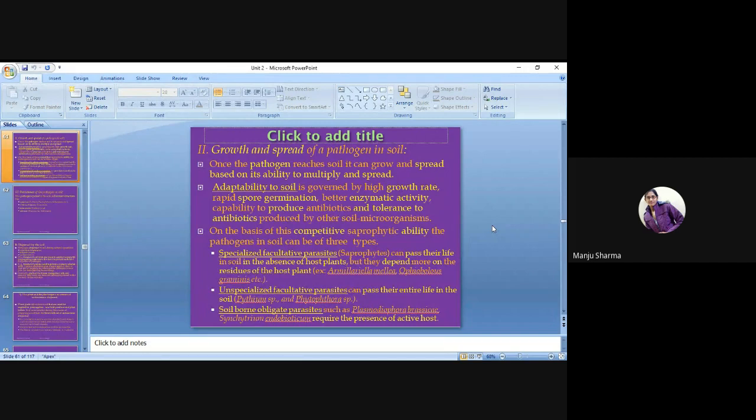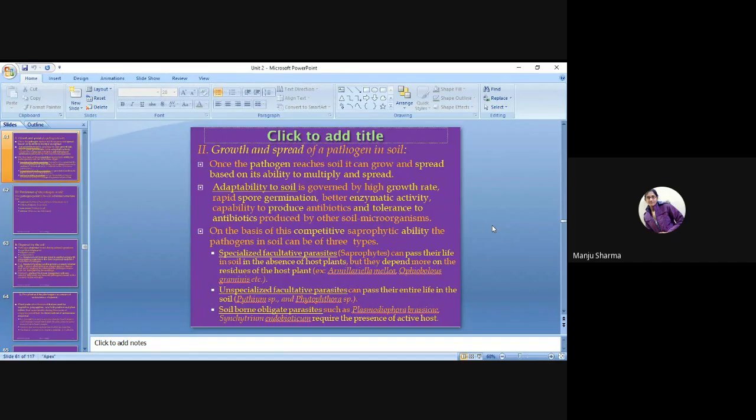So let's come to the specialized facultative parasites. These saprophytes can pass their life in soil in the absence of host plants. That means if the host plant is not there, the pathogen can still pass its life in the soil, but they depend more on the residues of the host plants.